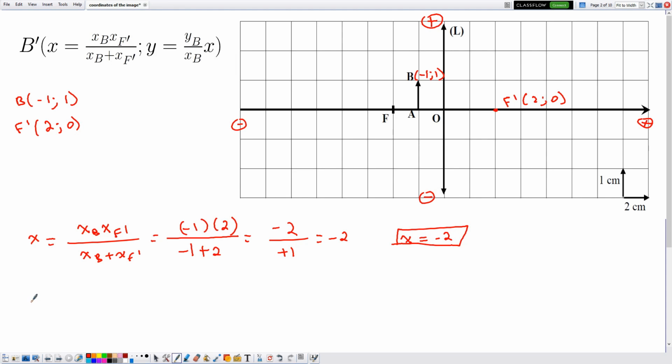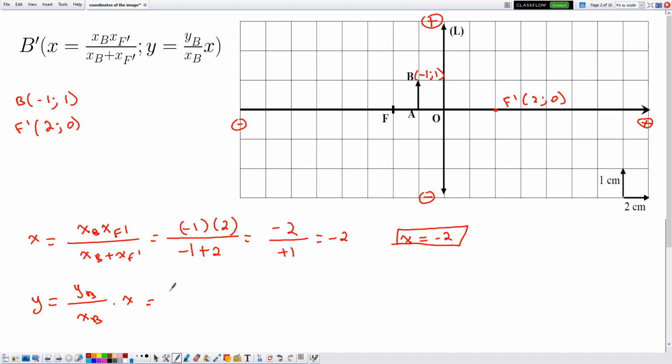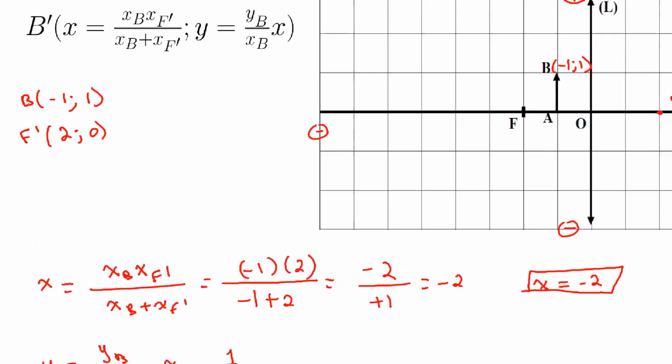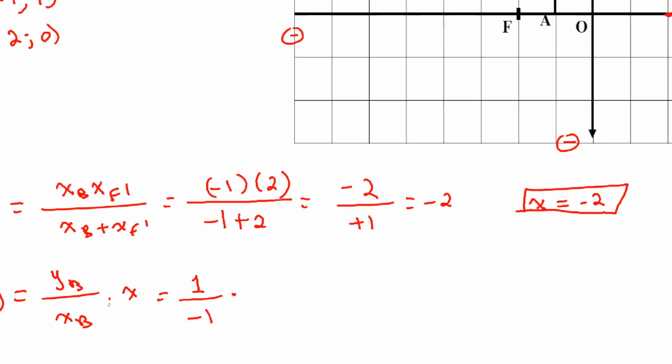And now let's calculate the ordinate y. y is given by yB divided by xB multiplied by x. So the value of yB in this case is 1, divided by xB, which is minus 1, multiplied by x.